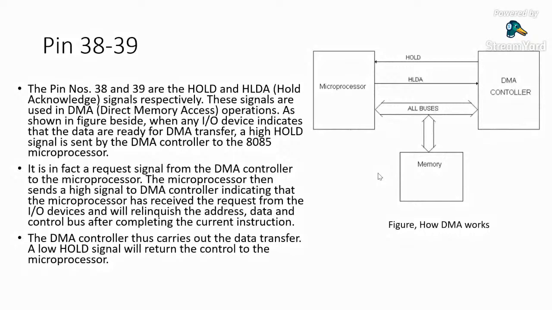So by using this kind of arrangement, the communication and the data transfer will be faster than the usual way. Not only faster, but the throughput in the DMA controller will be higher than in normal transfer. Okay.